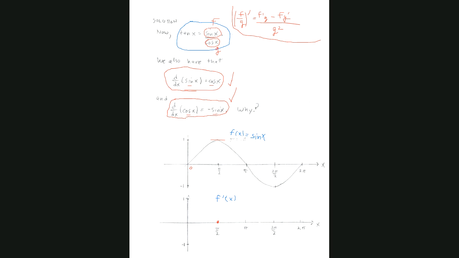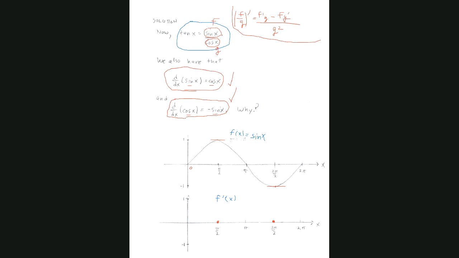Similarly, we have another flat slope here at 3 pi over 2. So also when x equals 3 pi over 2, the derivative of our function equals 0.